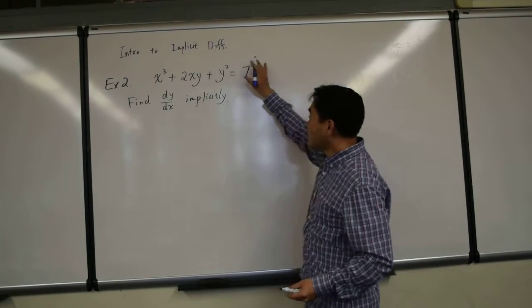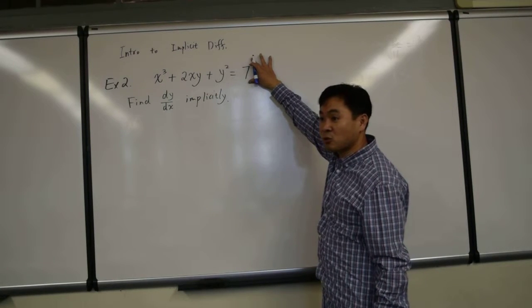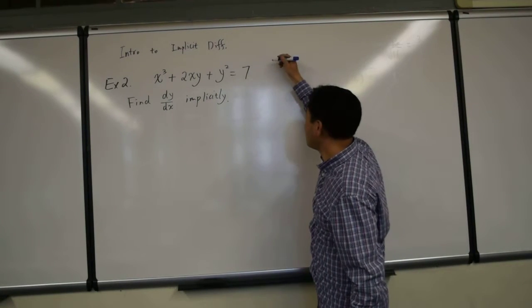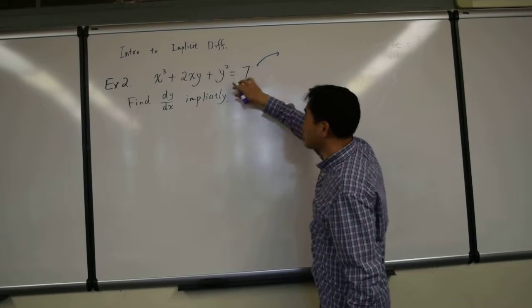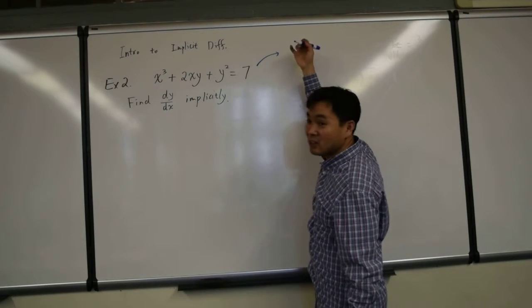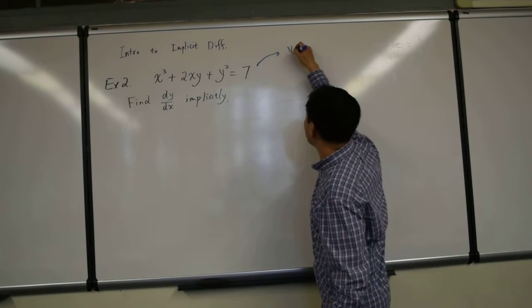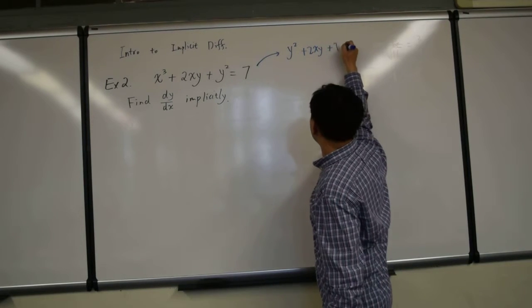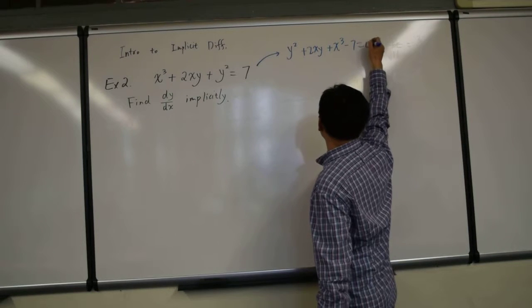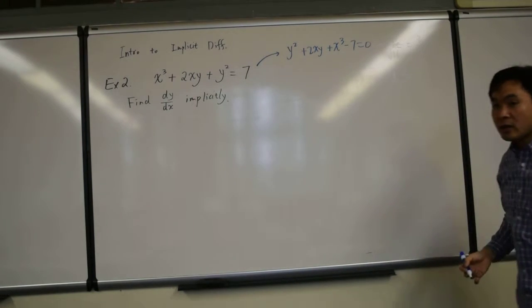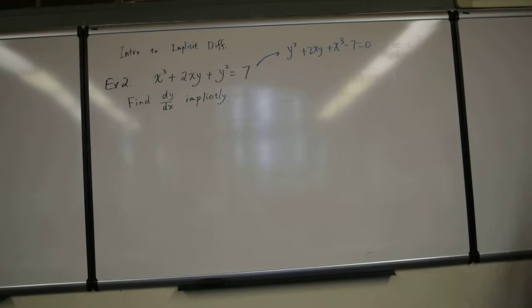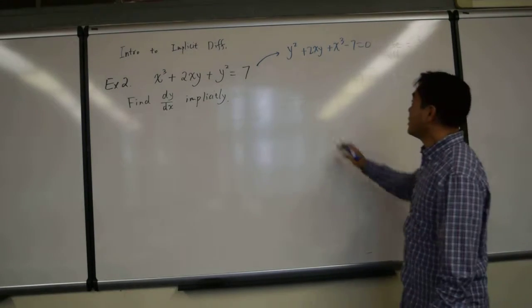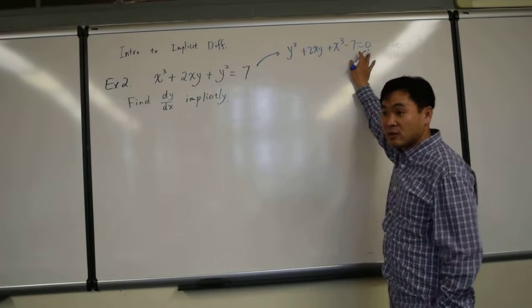If we were to actually find the solution of this explicitly, what should we do? We have to solve this for y, right? But solving for y is not that easy. So you have y squared plus 2xy plus x cubed minus 7 equal to 0. And if you look at this equation in terms of y, it's a quadratic equation for y, isn't it?